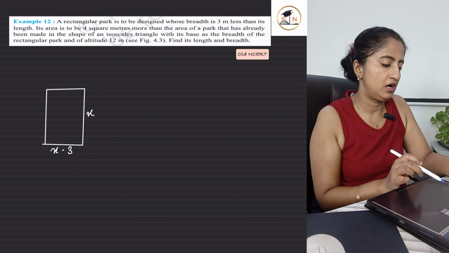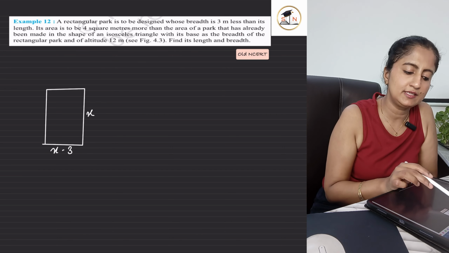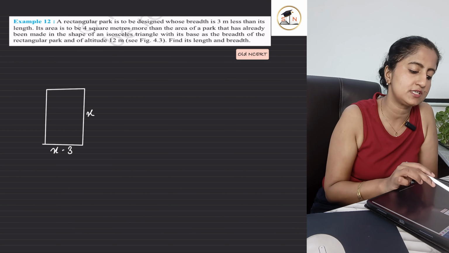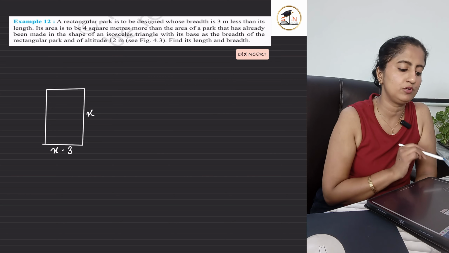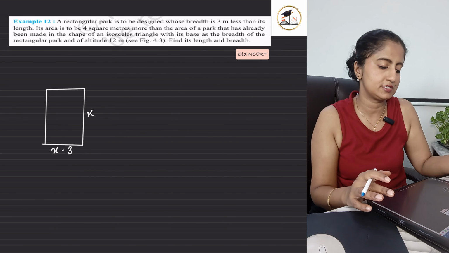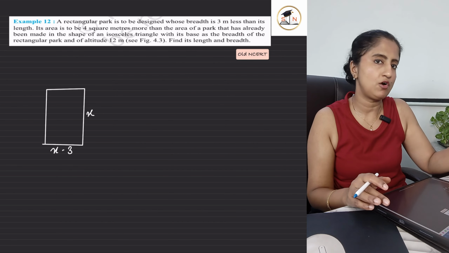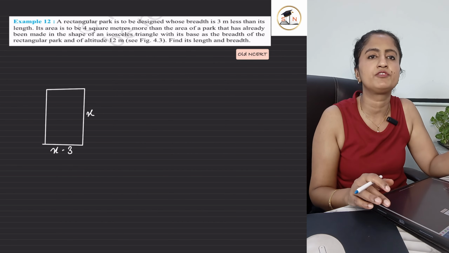Now after that, its area is to be 4 square meters more than the area of a park that has already been made in the shape of an isosceles triangle with its base as the breadth of the rectangular park. See what they are saying. The sentence is long. You have to understand it properly. The isosceles triangle is actually lying on the rectangle where the base of the triangle is the breadth of the rectangle.